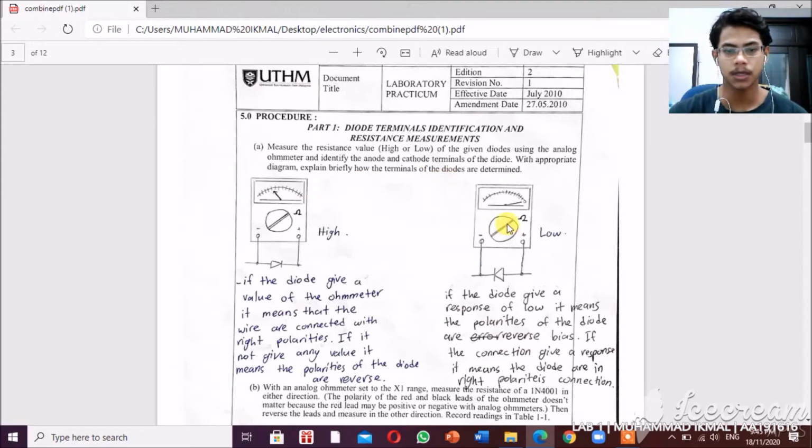So these are the diagrams that I drew. Let's go for the first one, which is here, for forward bias.